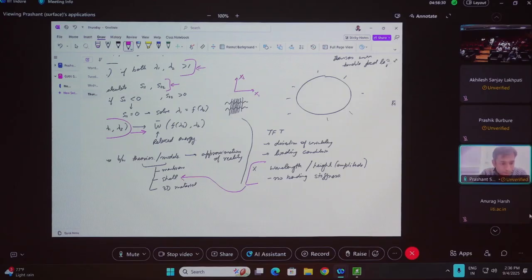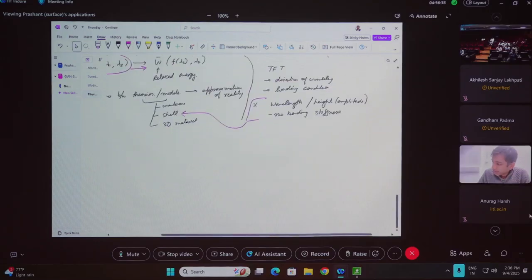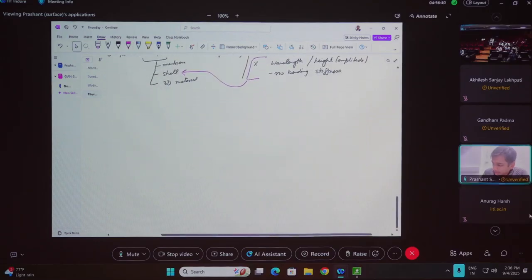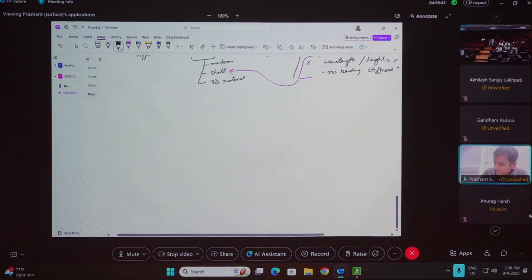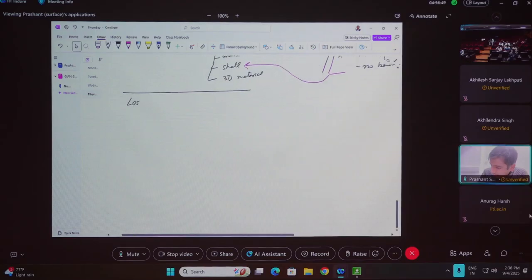Okay. So this is another type of instability that is possible in these kinds of materials or structures. Then there is a third type of instability, which would be loss of symmetry.